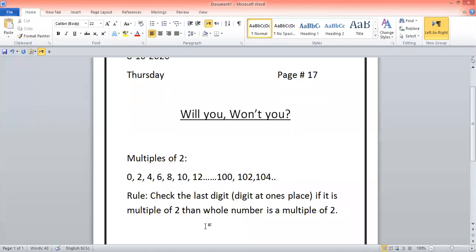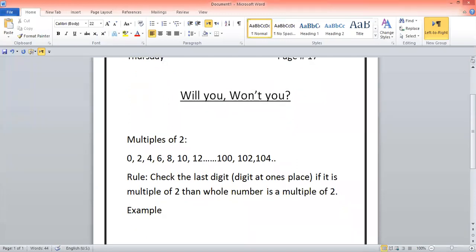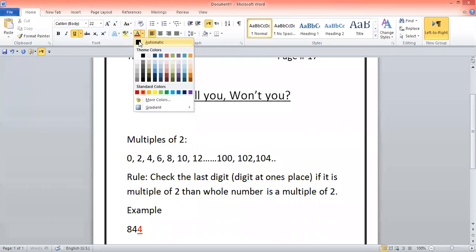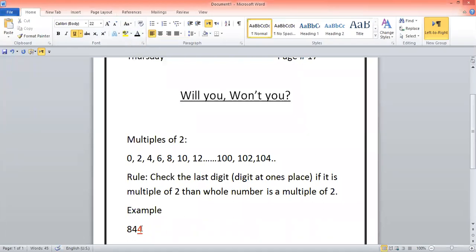For example, I'm giving you an example: 844. Here 4 is the last digit.